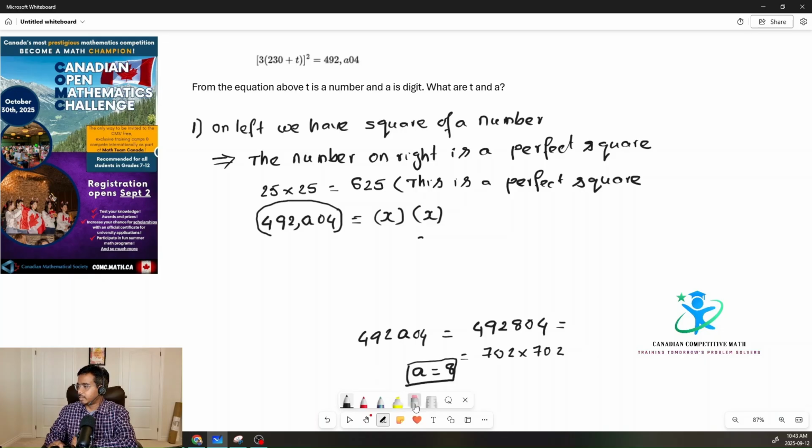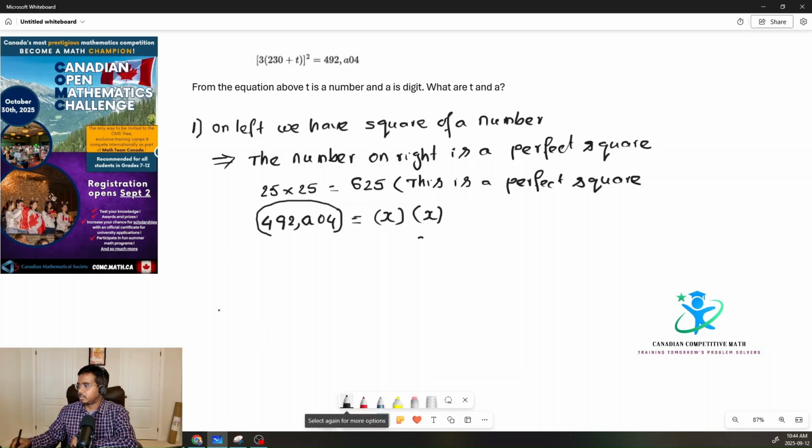Now I will erase this. So from this we can know that 3 times (230 plus t) whole square equals 702 times 702.